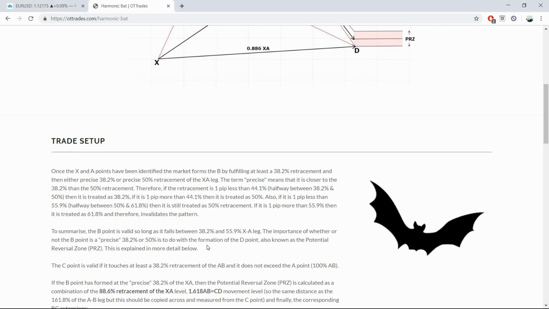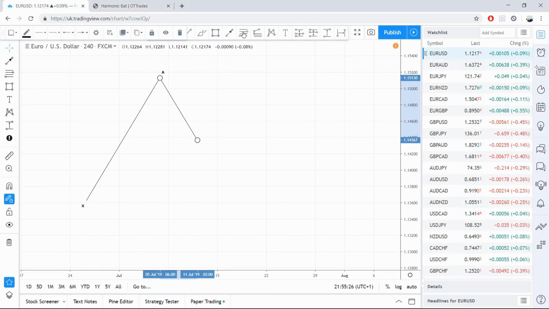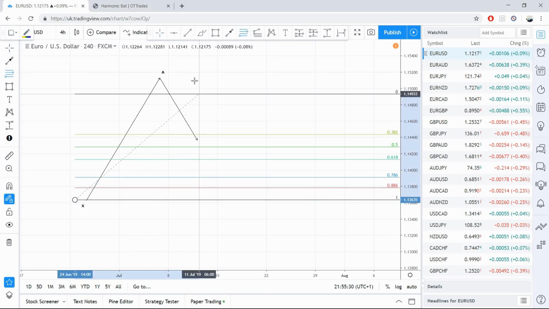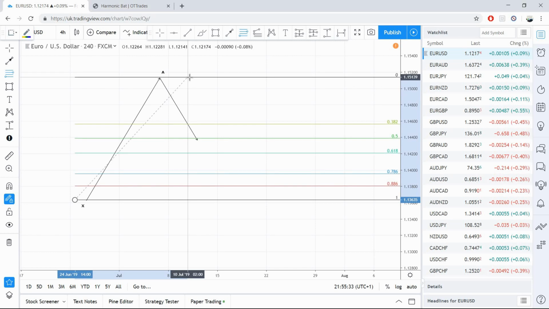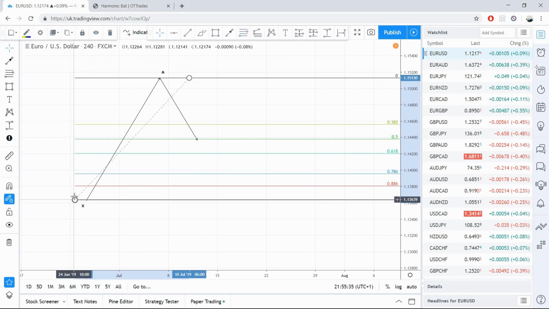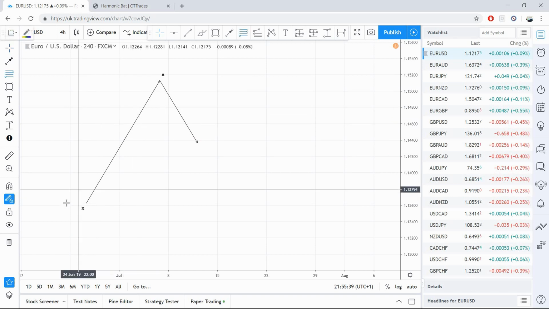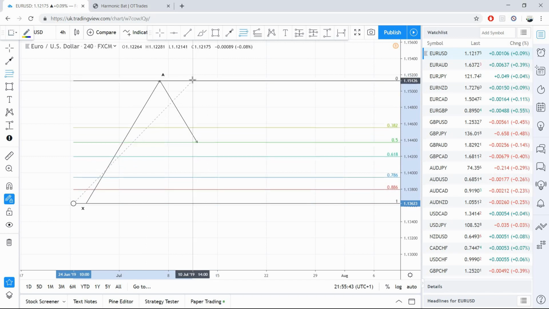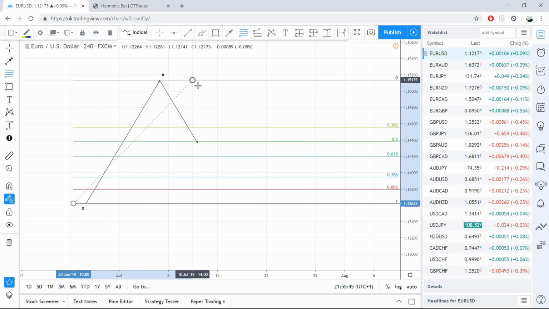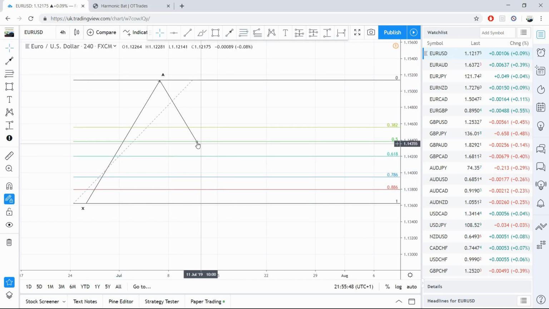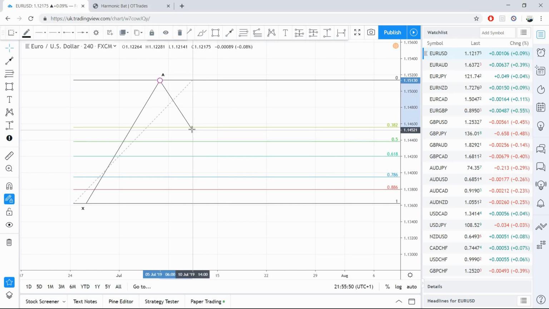The importance of whether it's to do with the B point, as I just said. So let's run through that visually. We're looking at a retracement of the X to A leg. Let me try and get this as precise as possible. X up to A. So initially it can be anywhere.